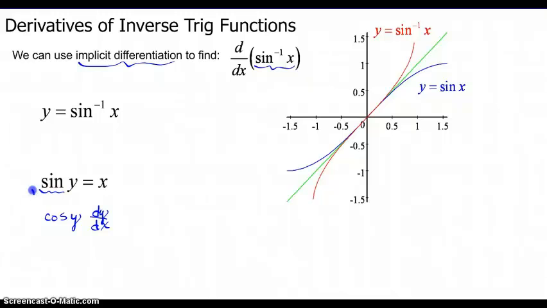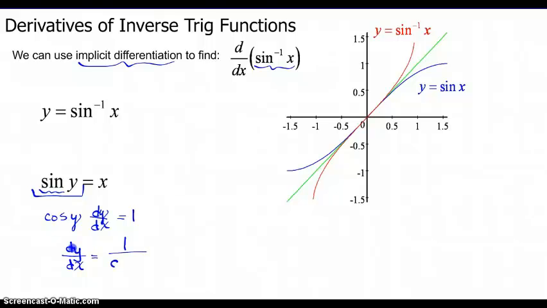So there's the derivative of this side of the equal sign, and that has to equal the derivative of x with respect to x, which is 1. So in implicit differentiation, we just differentiate term by term, and then we solve for dy dx.